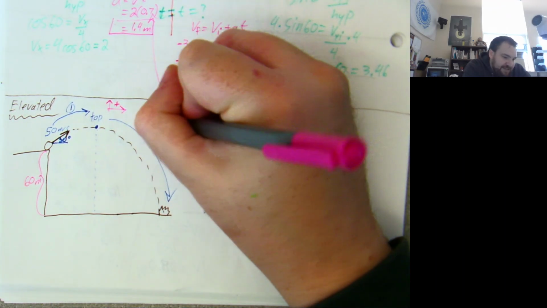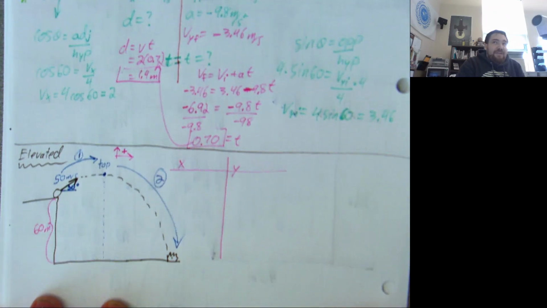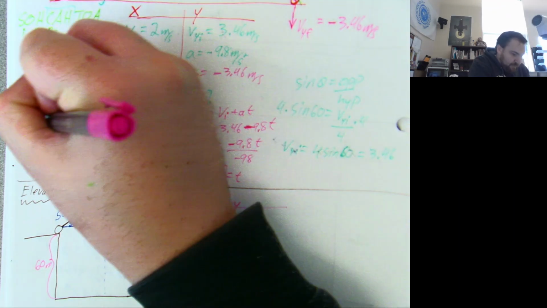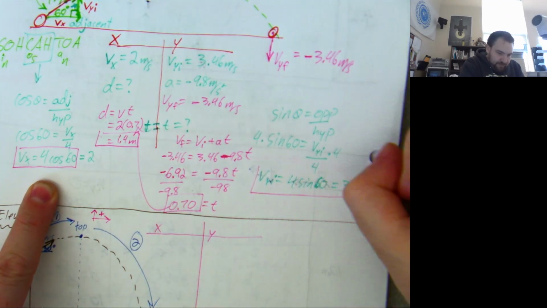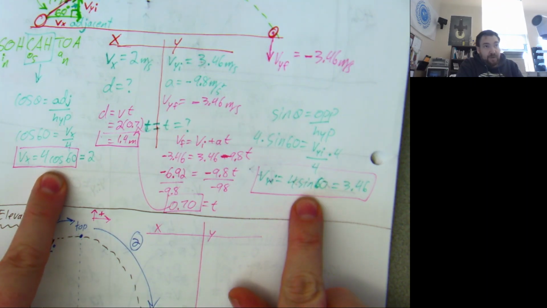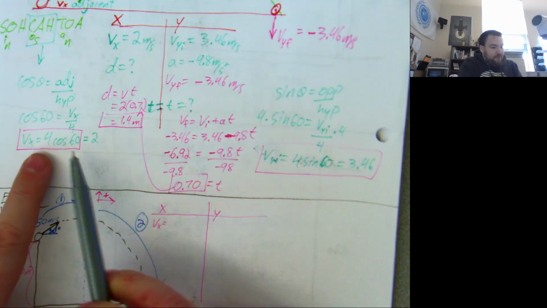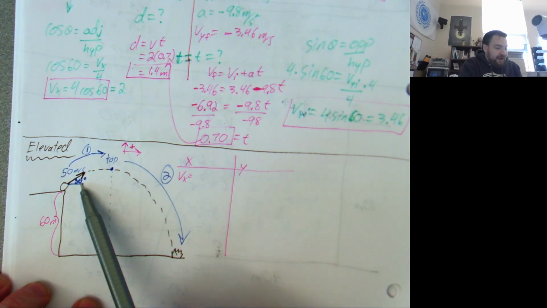So we've got x, we've got y. The way the trigonometry works is that for Vx and for Vy, you're going to get these two trig ratios coming out this way. So for Vx, instead of being 4 cosine 60, it's going to be whatever the velocity was, cosine whatever angle this is.